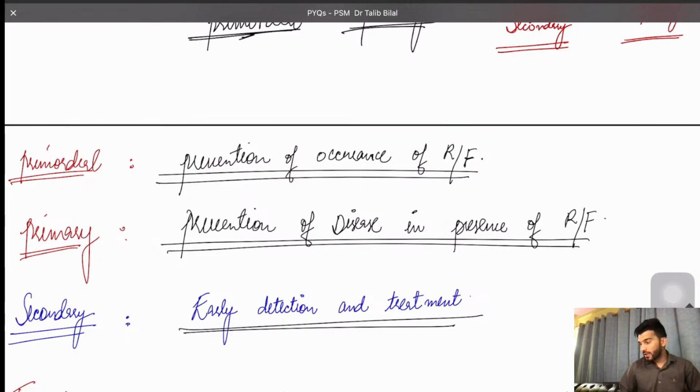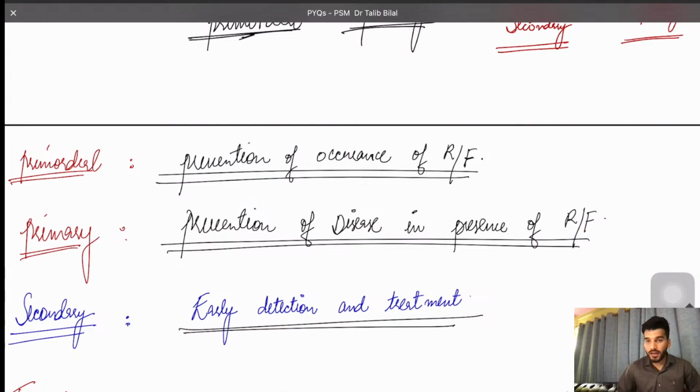Cotrimoxazole as a prophylactic drug is which level of prevention, guys? What do I mean by prophylaxis? When you give treatment before a particular disease occurs, you want to stop that disease from occurring, but the risk factor is present.